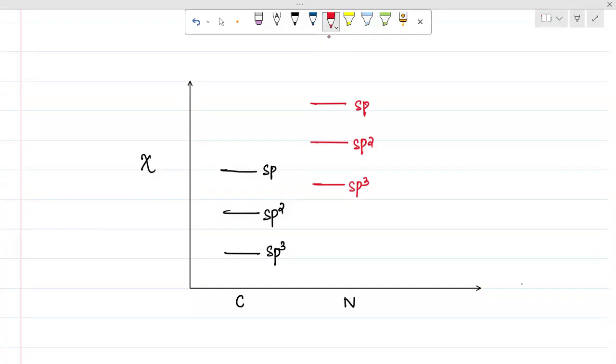Let's say you go to the next one, oxygen. Oxygen is the next one in the period, right? And if you consider oxygen, between sp2 and sp of nitrogen, you have the position of sp3 oxygen, then comes sp2 oxygen, and sp oxygen.